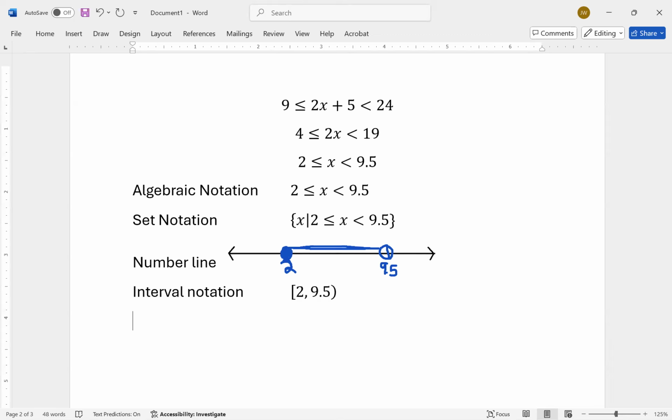So this is how you would do a compound inequality, one where we have sort of three sides to it, which is the "and" type. X has to be bigger than 2 and X has to be smaller than 9.5.